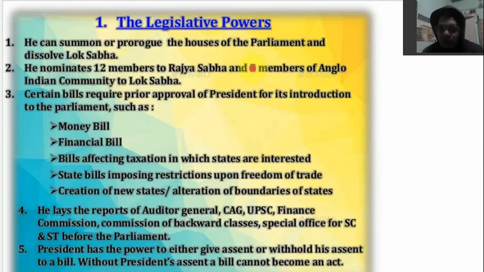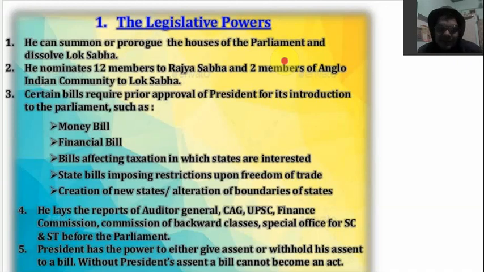But the president still nominates 12 members to Rajya Sabha, and these 12 members have done exemplary work and excellence in various fields like literature or sports or arts, these kinds of things.